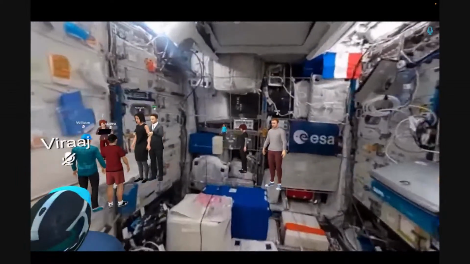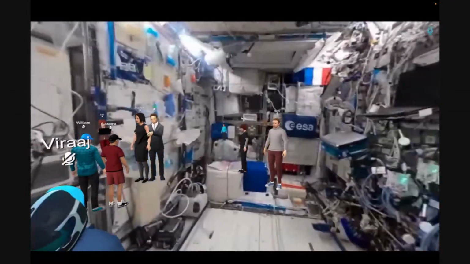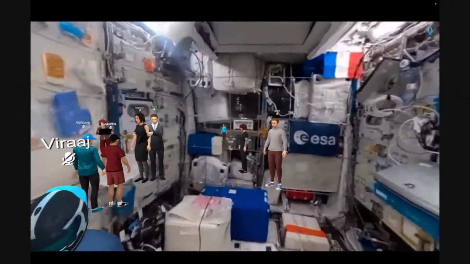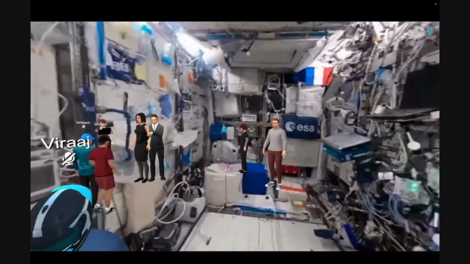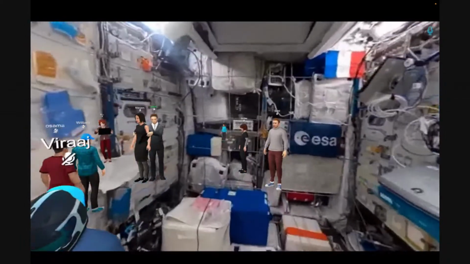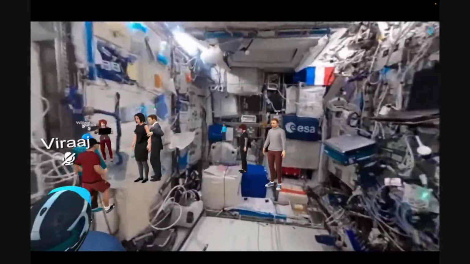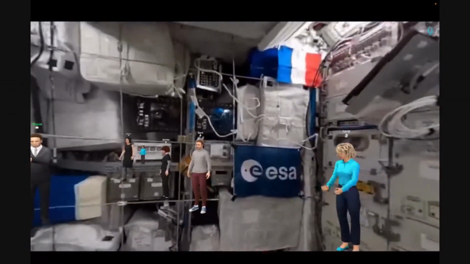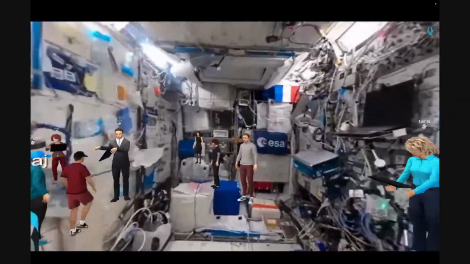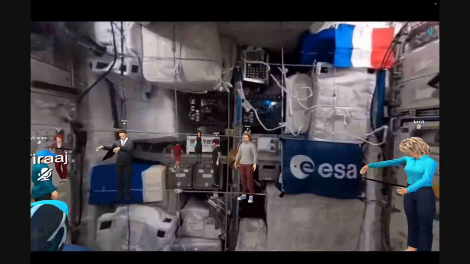But for now, these robots have been inside the space station together with the crew, and they've done things like search for things around the space station. As you can see around you, it's a mess, and so finding things can be helpful with this type of AI automation.